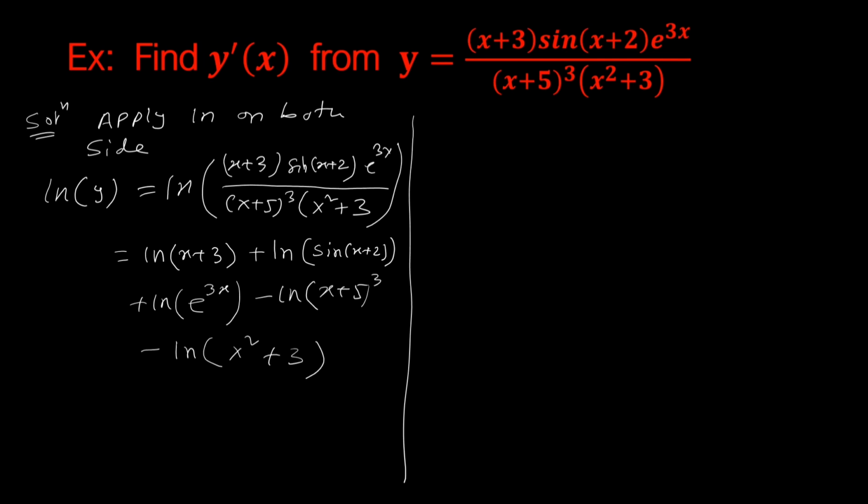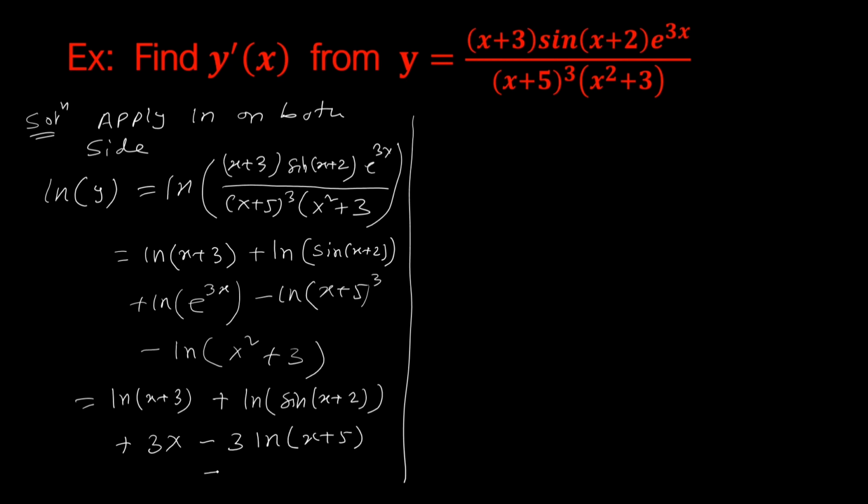Now if you further simplify, you will get ln x plus 3, plus ln sine x plus 2, plus 3x, minus 3 ln x plus 5, and the last one is ln x square plus 3 as it is.